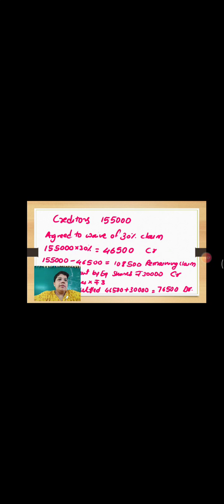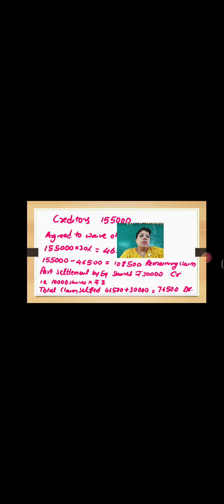Now how much claim is remaining? How much of the creditors are remaining? 1,55,000 minus 46,500. So the remaining claim is 1,08,500. Out of this 1,08,500, some of the creditors are going to accept equity shares. What is the value of the equity shares?